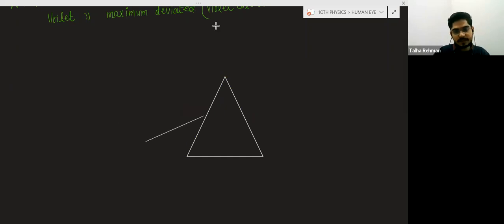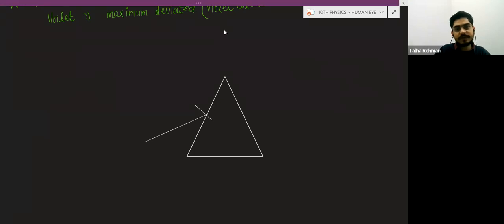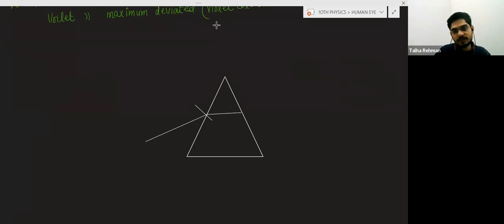White light is coming like this, and from here what will happen? This will be split up into different colors. You can show only two colors.